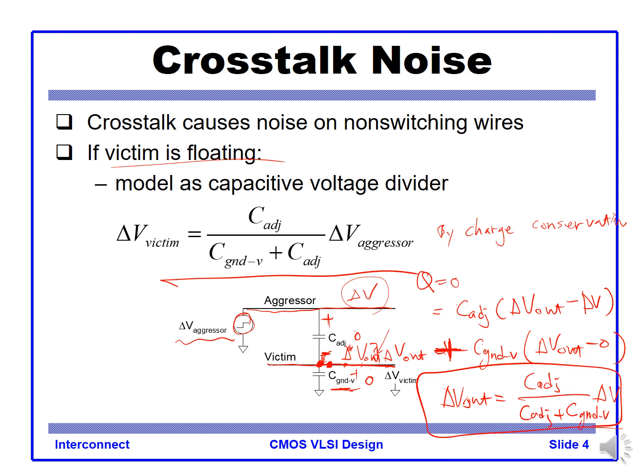If we have a delta V activity on the aggressor, you see the delta V out on the victim side. We have the additional voltage change that is proportional by this factor, C_adj divided by C_adj plus C_gnd. So the larger the C adjacent, the coupling capacitance, we'll see larger coupling there.